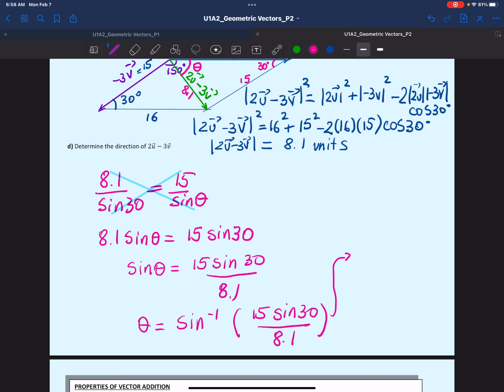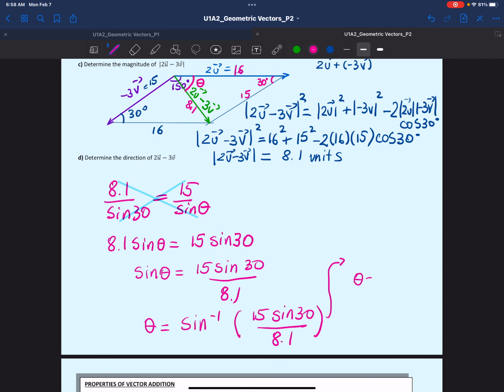So 15 times sine of 30 would equal 7.5. Divide that by 8.1. That is about 0.9259, but we're not going to write that number, just simply put that number inside inverse sine, and that will give the answer for the angle, which is 67.8. So theta is 67.8 degrees.